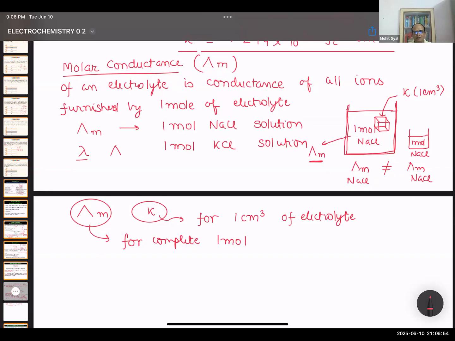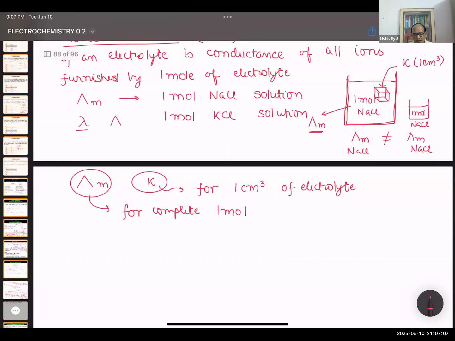If you are having a value for 1 cubic centimeter and if you want to find the molar conductance for complete 1 mole, you need to multiply. Multiply by what? So this lambda m, if you see the figure over here, lambda m is for complete 1 mole.